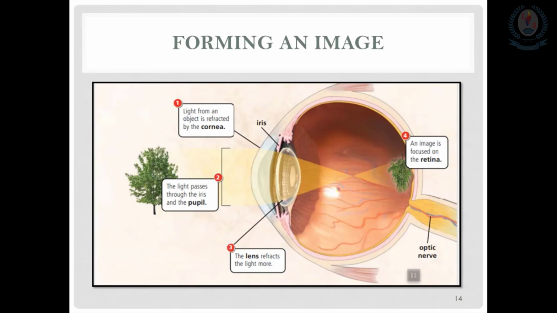As a result of refraction from the cornea and lens, an image is constructed on the retina, but it's an inverted one, like in this picture, which means an upside down image. So, the information is carried from the optic nerve to the brain, and finally the brain will interpret the image in the proper way, which is upright.